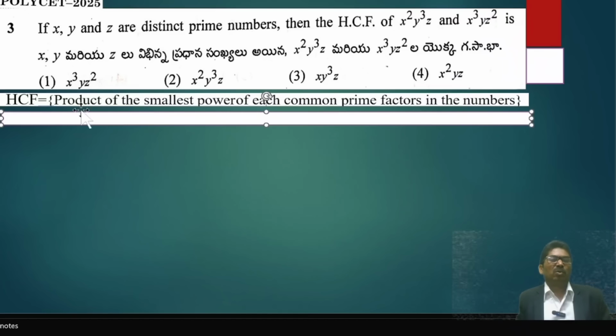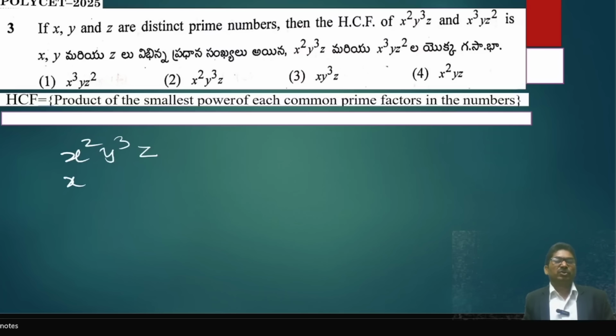Here is a rule: the HCF is the product of the smallest power of each common prime factor in the numbers. Basing on this, we can identify the answer easily. The numbers are x square y cube z and x cube y z square.